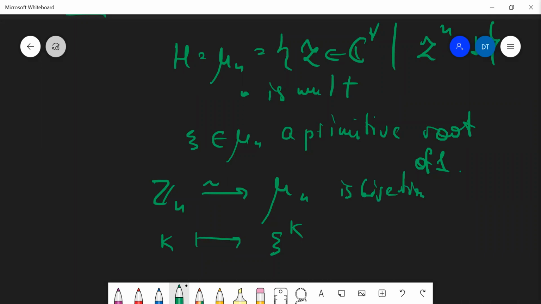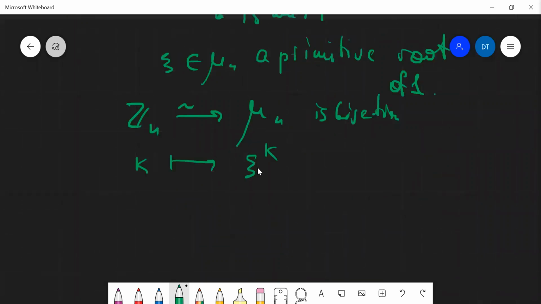Something happened. Okay. So because psi is a primitive root, this map is a bijection. And now you may check that if you take k plus m, so the operation here is a sum modulo n. Let's say this is phi of k.